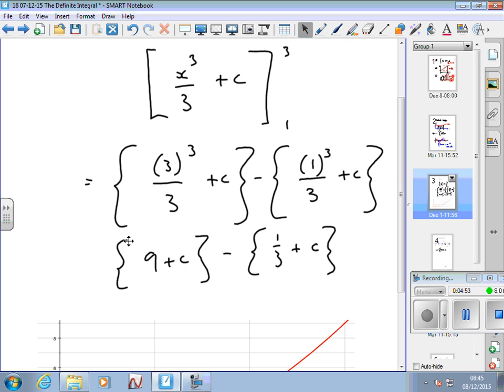Note I'm subtracting this bracket from this bracket. So at this point, c minus c is gone. And that will always happen. When I do a definite integral, I subtract the bottom limit from the top limit, so that c disappears. So in practice, whenever we do a definite integral, we don't include it, because that is always the case.